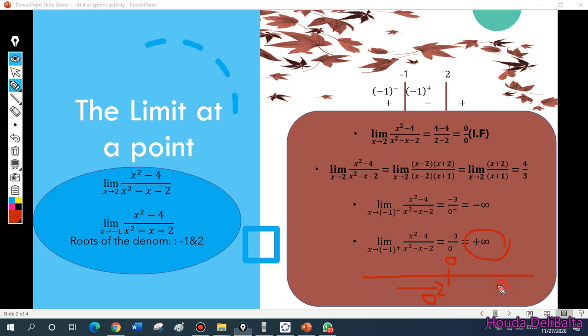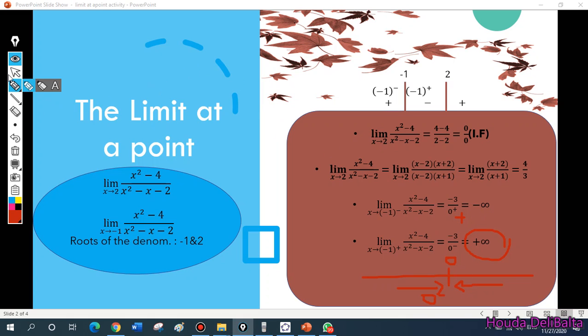What do we mean by 0 plus? 0 plus is approaching 0 from the right. So we are talking about, for example, 0.0002, whatever. We are approaching 0 from the right, so we are talking about a positive number, and that's why minus by plus is minus.